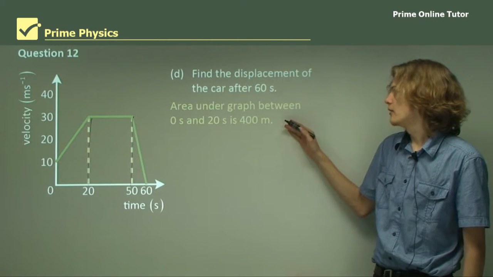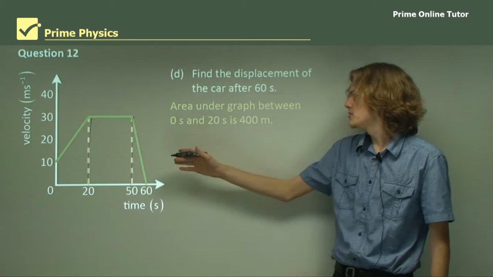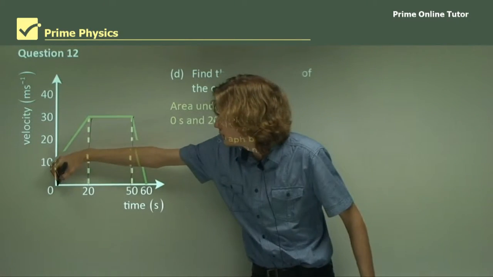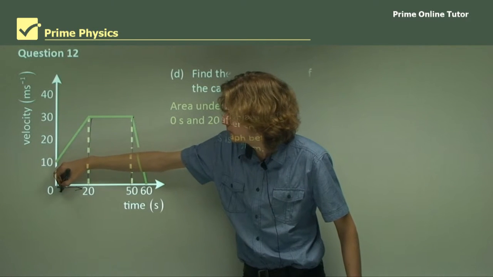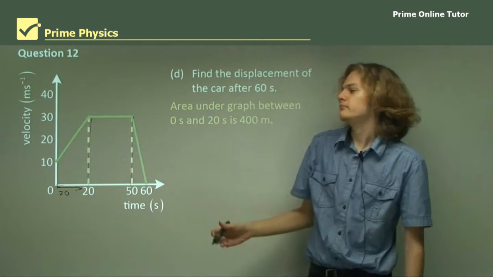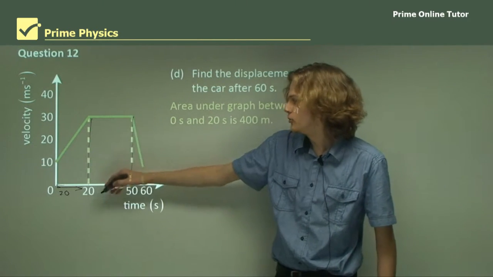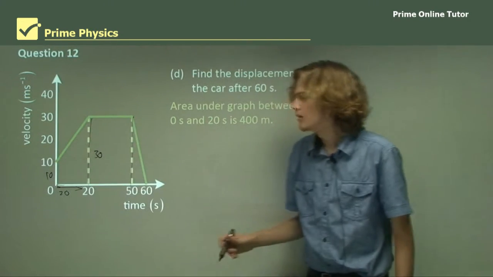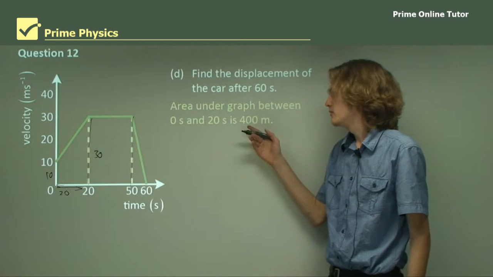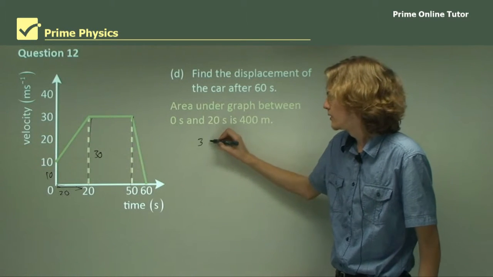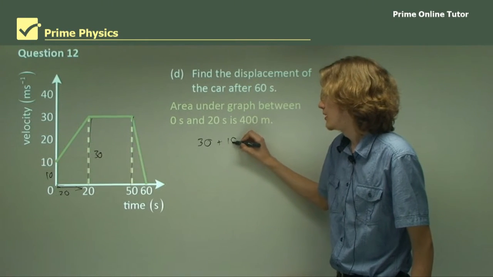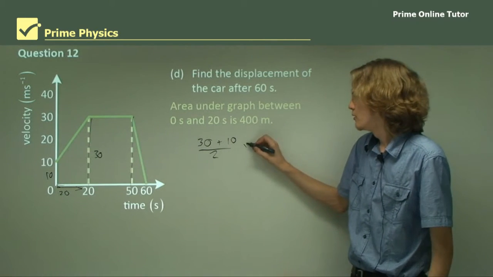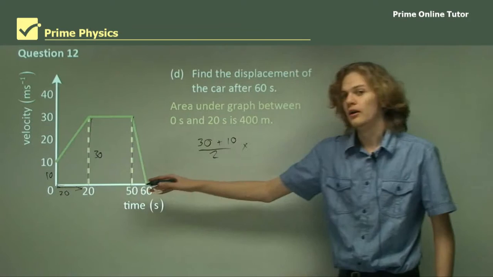To find the area of the trapezium, we can take the width of the trapezium here, which is 20, and the 2 altitudes, which are 30 and 10. Now remember, the formula to find this area is 30 plus 10 on 2, so that's the 2 altitudes divided by 2, multiplied by this width here.